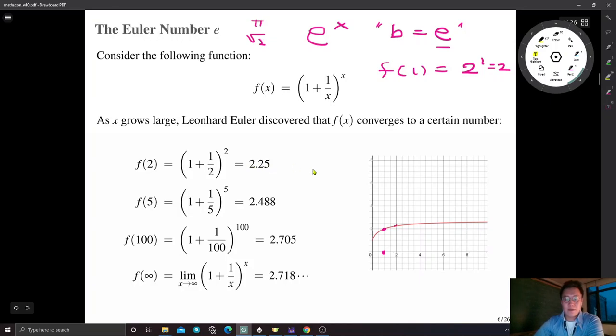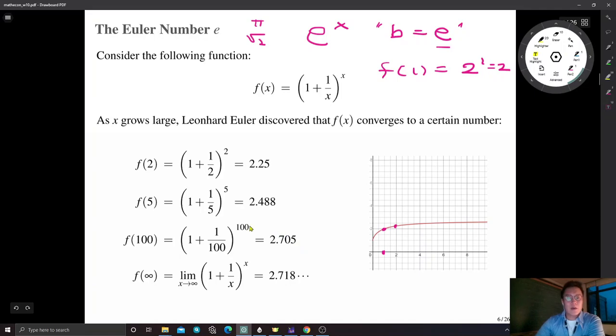So it grows from 2 to 2.25, increasing by 1/4. When x equals 5, 1.2 to the power 5 is 2.488. When x equals 100, 1.01 to the power 100 is approximately 2.7.